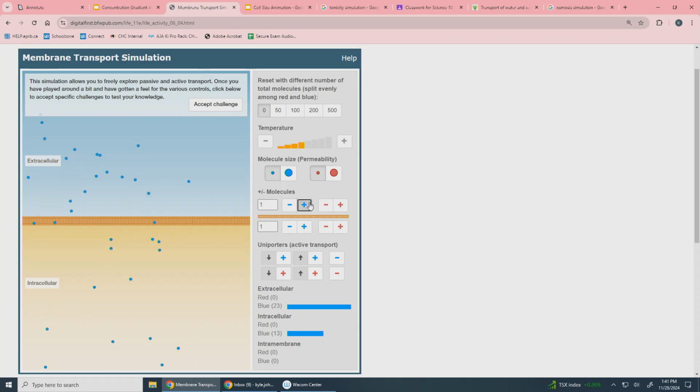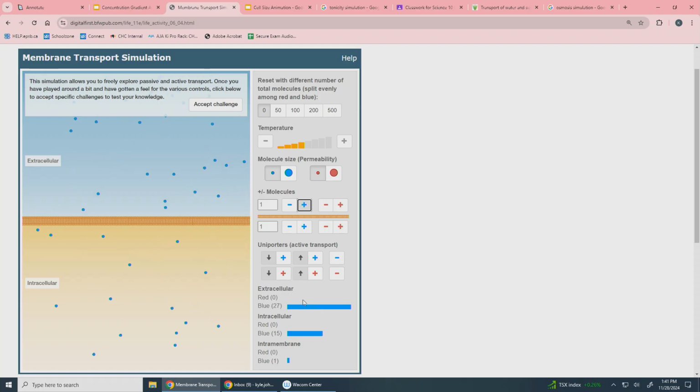You'll see that these blue molecules readily diffuse across the membrane. They're moving both ways across the membrane, but pretty soon we're going to reach an equilibrium. Because they all started on the outside, they moved this way, but now we're at equilibrium where we have around 20 of these molecules on either side of the membrane.